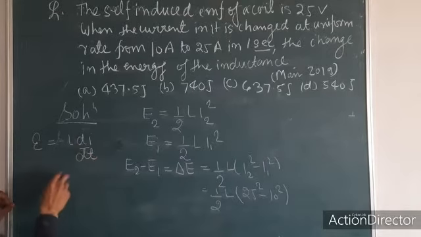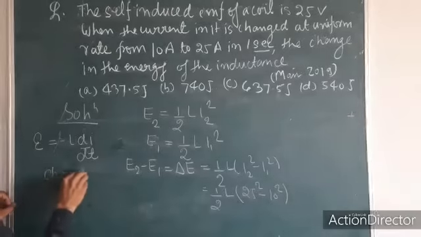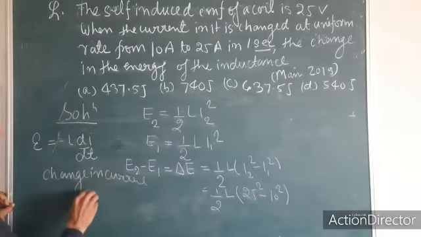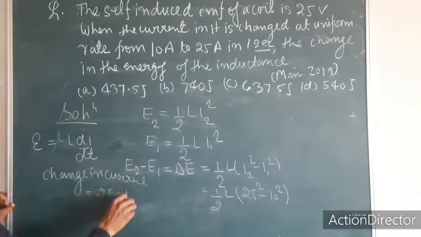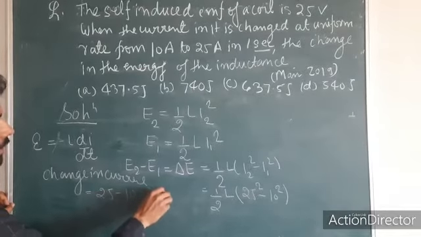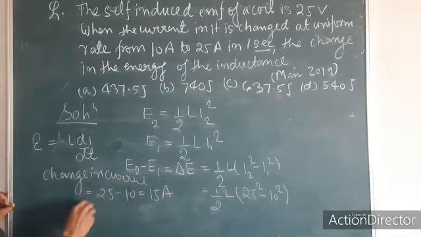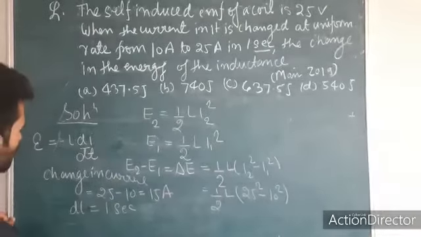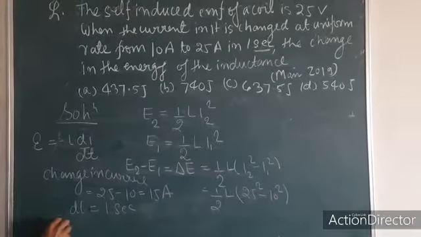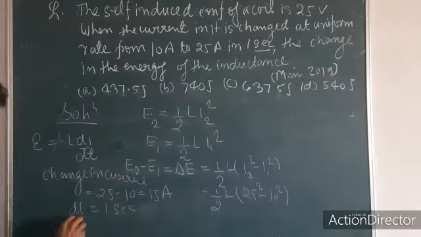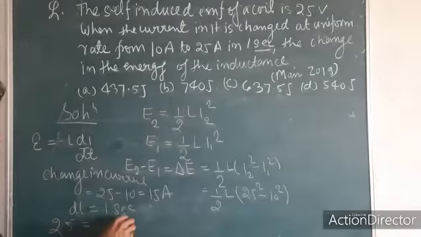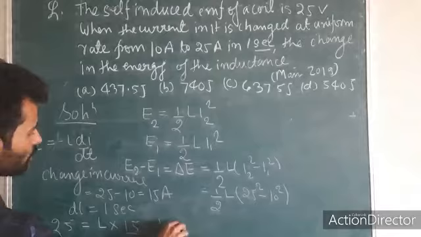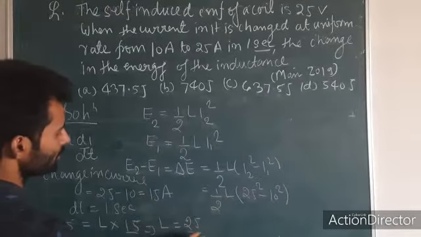The change in the current is equal to 25 minus 10 is equal to 15 ampere in time interval dt is equal to 1 second. Here this has been given. Clear? So E is equal to 25 volt. So 25 is equal to L into di means 15 by 1. So from this here L is equal to 25 by 15.